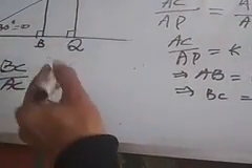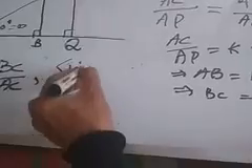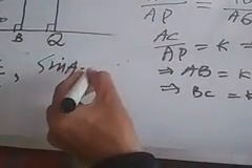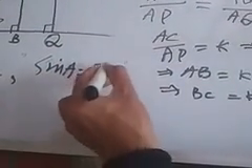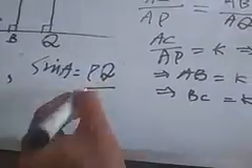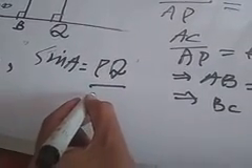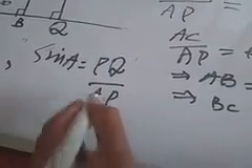And if I find sine A in this triangle, AQP, sine A equal to perpendicular PQ divided by hypotenuse AP, PQ divided by AP.